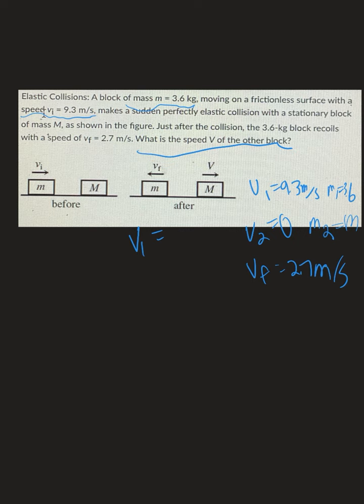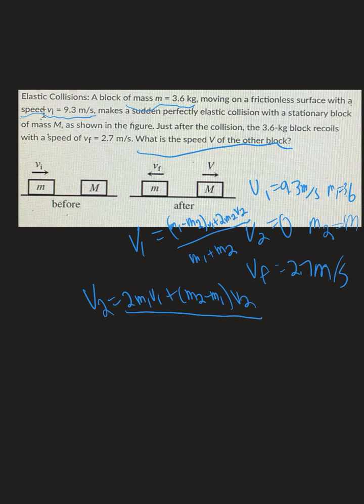So, as shown before, we do V1, it's M1 minus M2, right? And V1 plus 2 M2 V2 is going to be over M1 plus M2. And then same thing around with the V2, I'll just write it out. 2 M1 V1 and M2 minus M1, right?